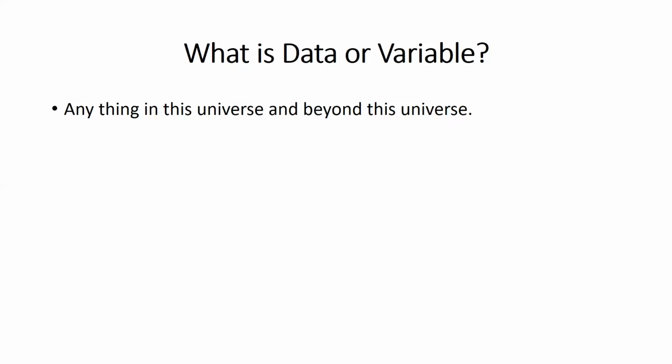For example, name, age, goals, runs of a player in cricket, disease severity, or how many stars. Anything in this universe or beyond this universe is called data or variables.